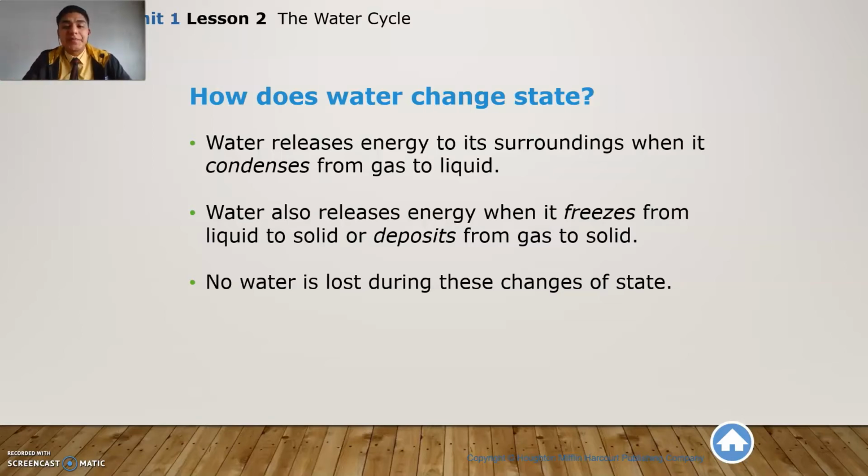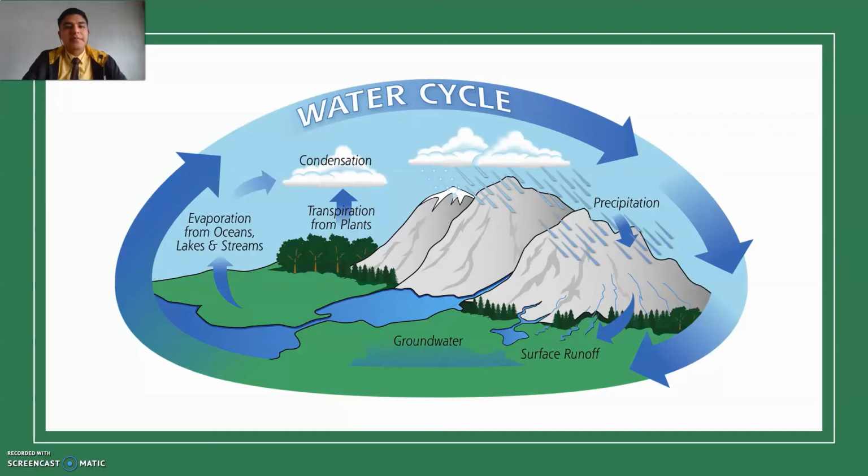It only changes. So let's suppose that you have 1 liter of water and it evaporates, then it's going to be the same liter, but it's not going to be liquid water, but in the shape of a gas. And if it solidifies, the same thing is going to happen. No water is going to be lost. You will have exactly the same amount.